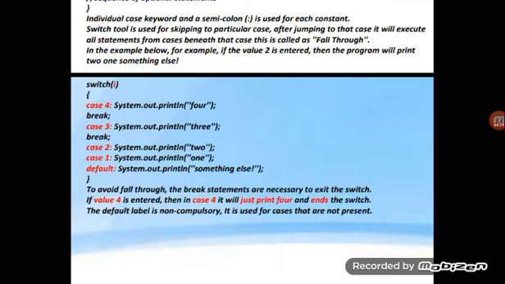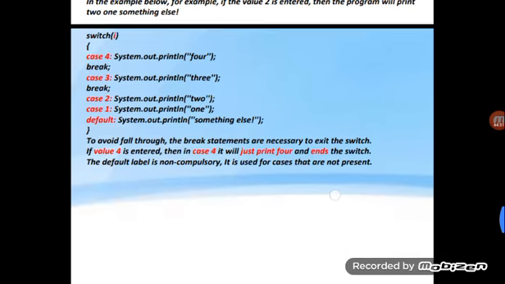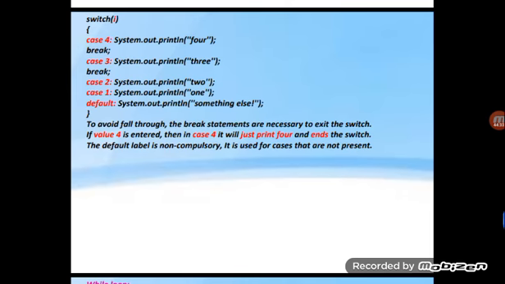For example, for case 1, System.out.println 4, after that break, and then System.out.println 3, and break, System.out.println 2. In the switch statement we use the cases and the default. The conditions are checked one by one.